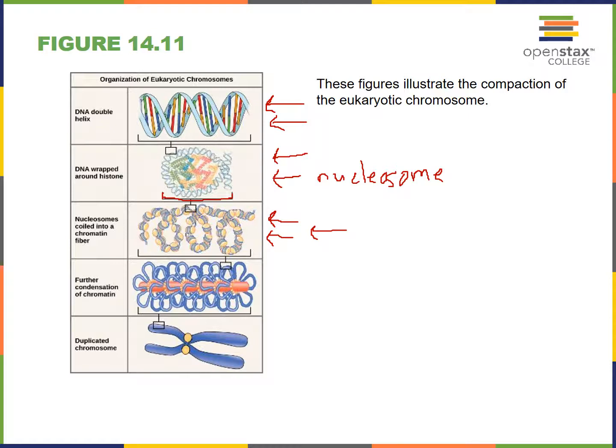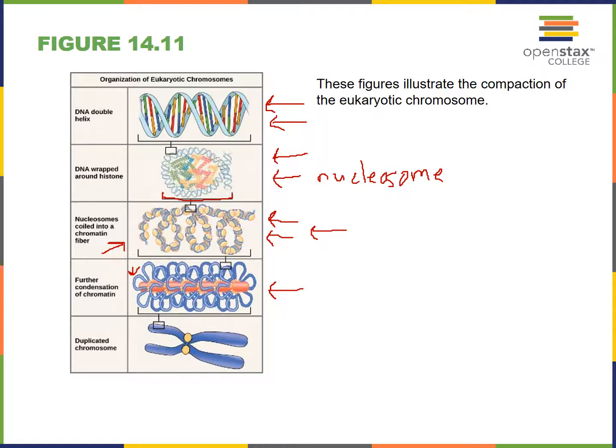Now, really during mitosis and meiosis, when we say DNA is condensed, this is what happens. These will be coiled up into these fibers.